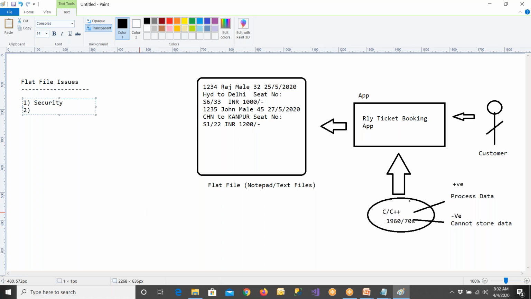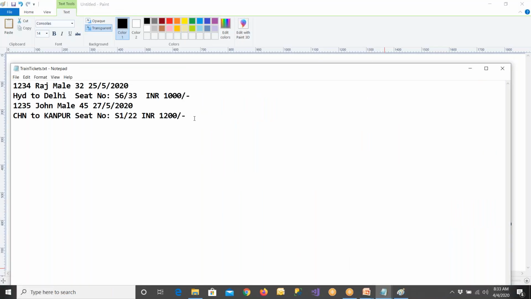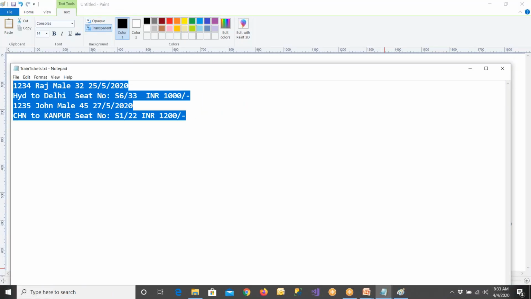The second one is that there is a size issue. What do you mean by size issue? I am talking about the 1960s and 70s, at that time only. We cannot store unlimited data in the flat file. There is a limitation. At that time you could have 1,000 rows or 2,000 rows per flat file. If one flat file is full, you cannot store more data. People have to delete the file.